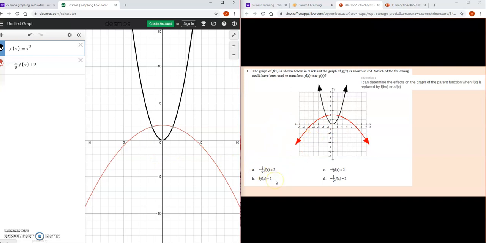So let's explain this. The negative sign in the front makes your graph reflect. The 1 over 9, which is being multiplied to your f of x, every time you multiply, that is either a stretch or a compression. When the number is less than 1, then that is a compression, which means you're doing a vertical compression.